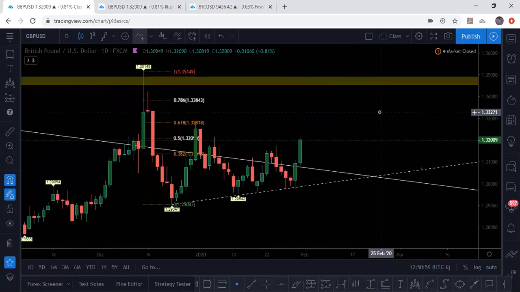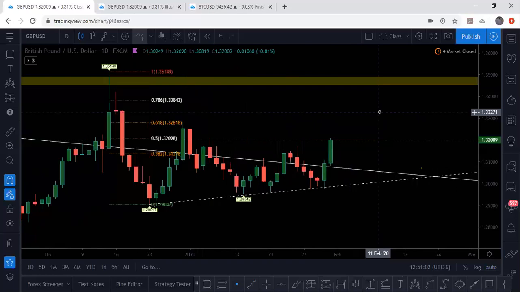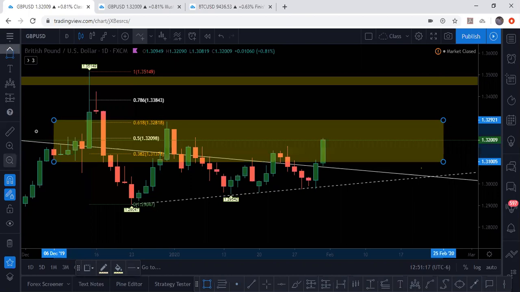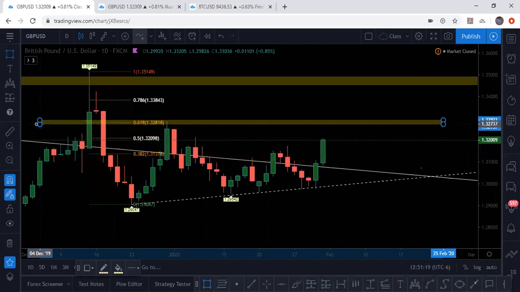From up here, it came down here, and the green shot pulled up onto 0.618 here. When it got to that 0.618, what did it do? Price came down.